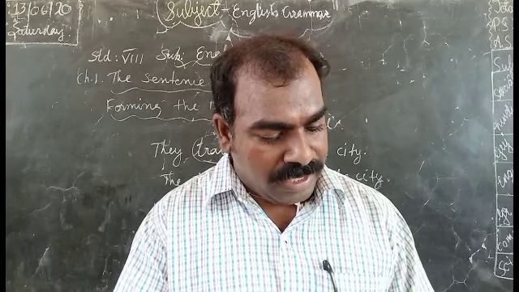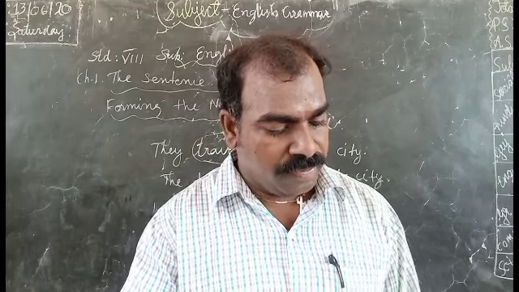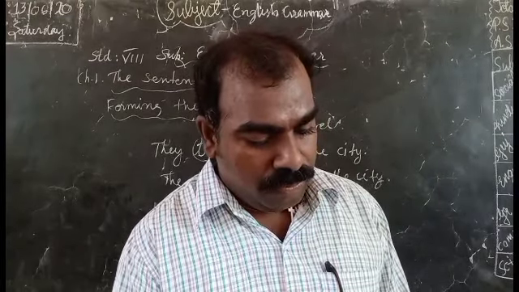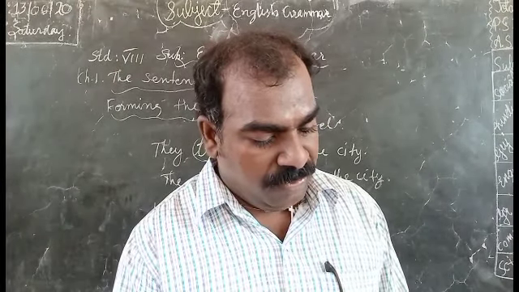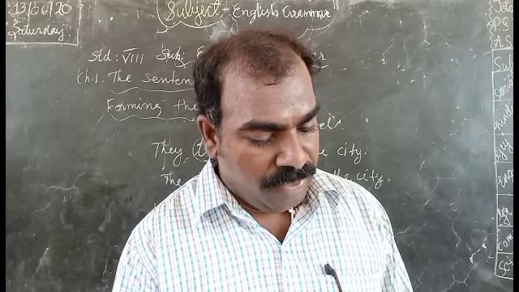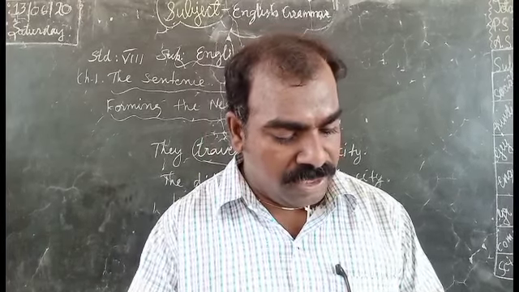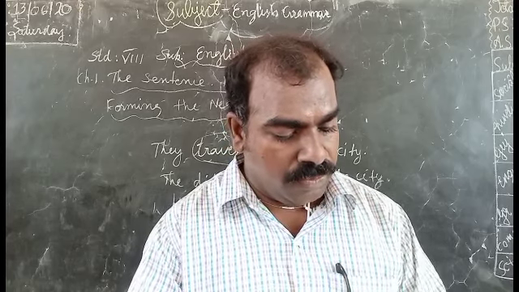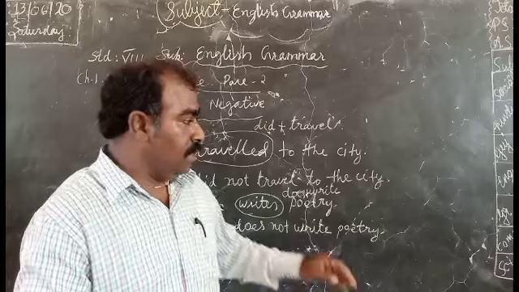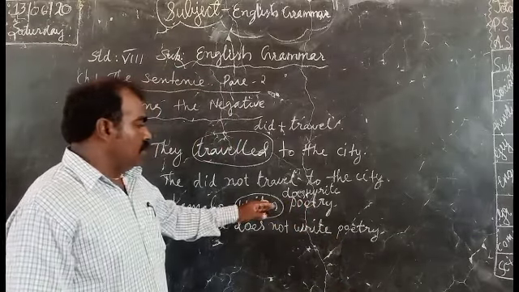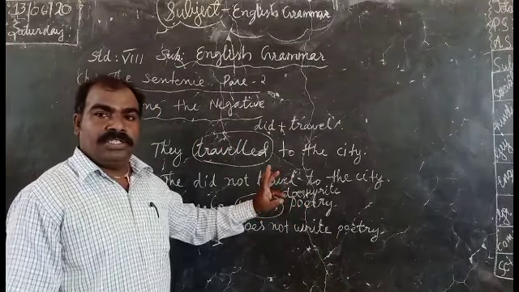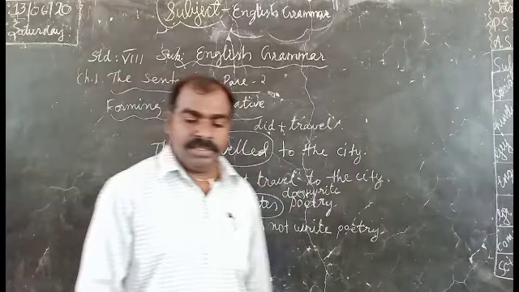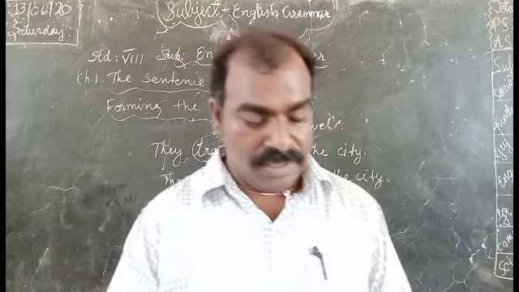Then, in case of assertive and imperative sentences with other verbs, add do plus not before the main verb. The main verb is then used in its base form and the verb do changes according to person and tense. As I said, third person singular, he, she, it takes the auxiliary verb does. Other persons take do in present tense.